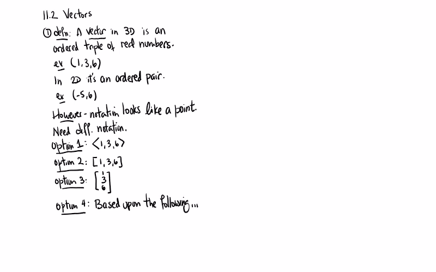Two facts. Fact A is vectors may be added or subtracted by adding or subtracting the corresponding components, in other words, the individual numbers.